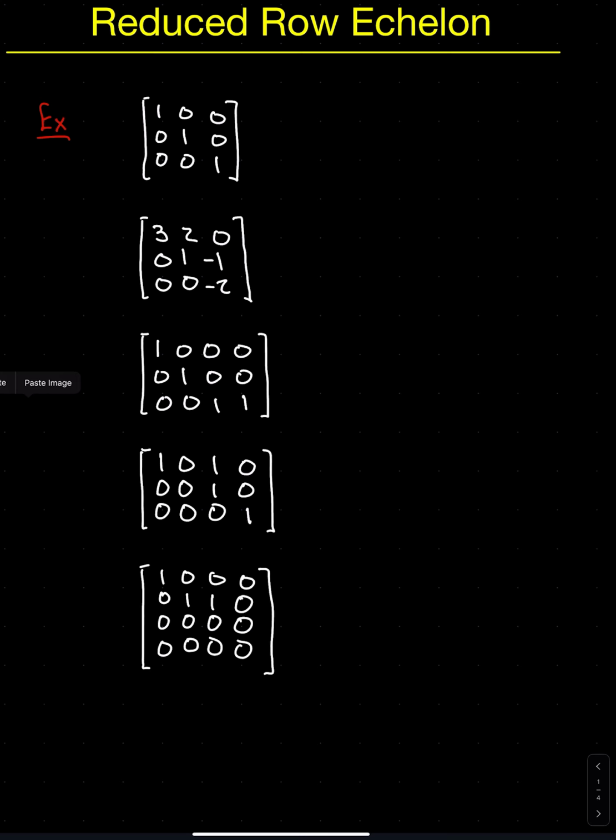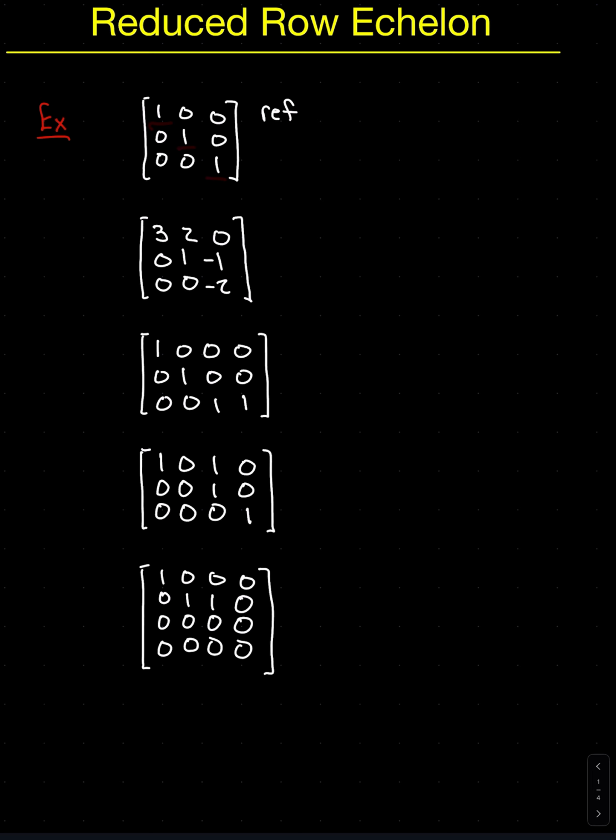So first off, we have this matrix, and it is clear just by looking at it that this is in row echelon form. So we can clearly see this because going back to our properties, there's no rows of zeros, so you don't have to worry about that.